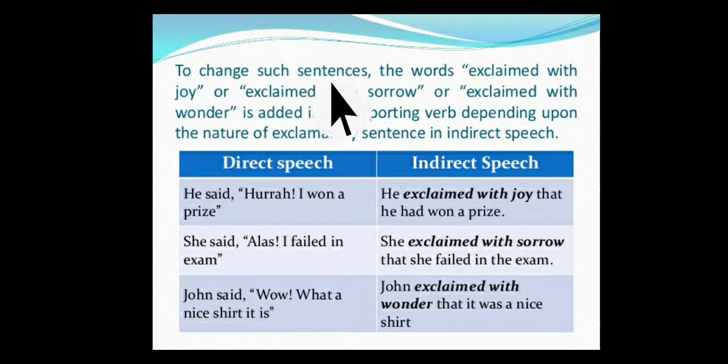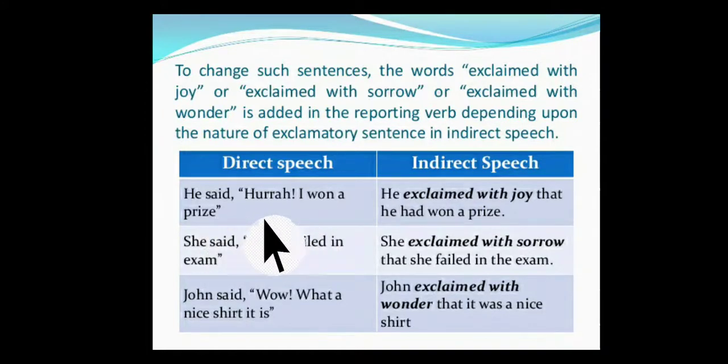To change such sentences, the words "exclaimed with joy," "exclaimed with sorrow," or "exclaimed with wonder" are added in the reporting verb, depending upon the nature of the exclamatory sentence. For example, he said, "Hurrah! I won the prize."